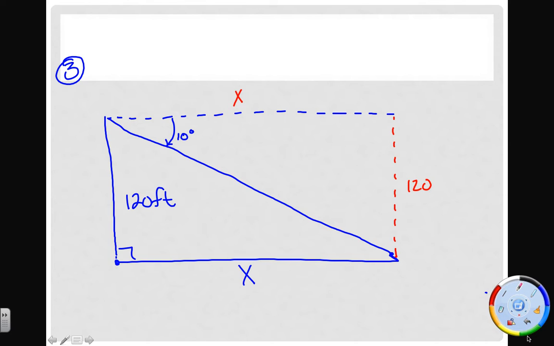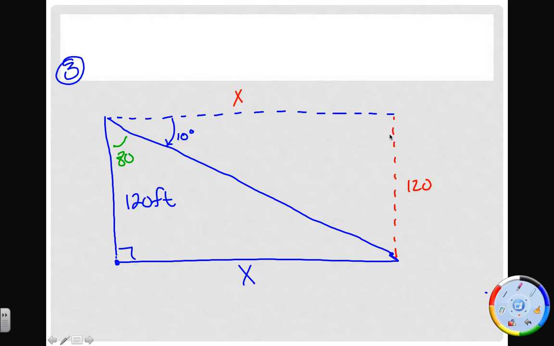The other way to think about this, it depends on what problem you want to do. Do you want to do the 10 with the 120 and the x this way, or do you want to use the angle 80 degrees? Because this is a right angle here. Because this is vertical to horizontal, has to be a right angle. It's up to you. Doesn't matter to me. It won't break my heart if you use one way over the other.